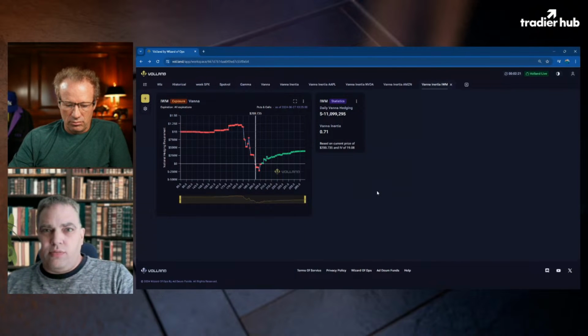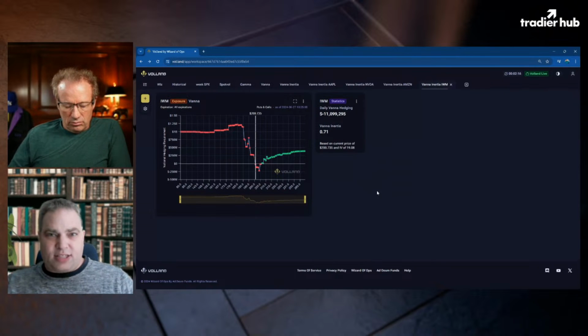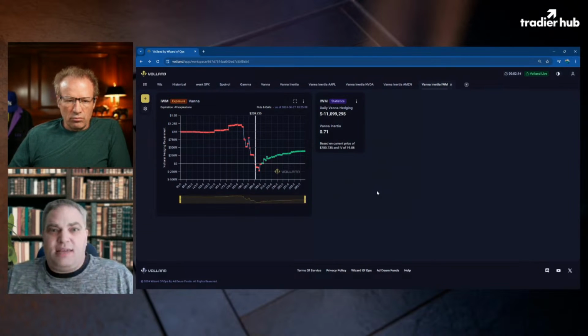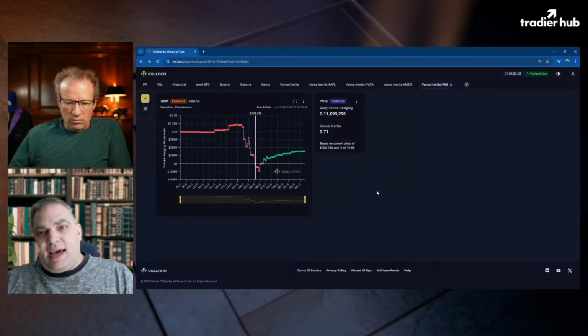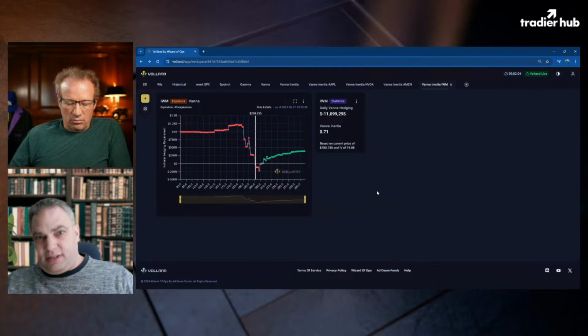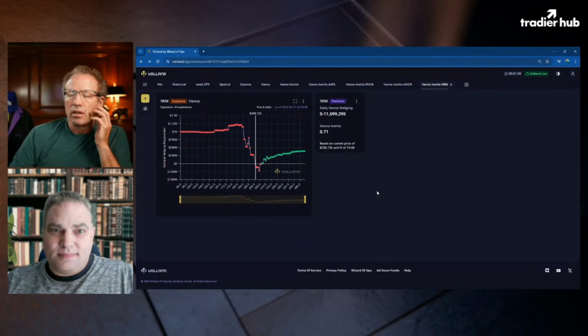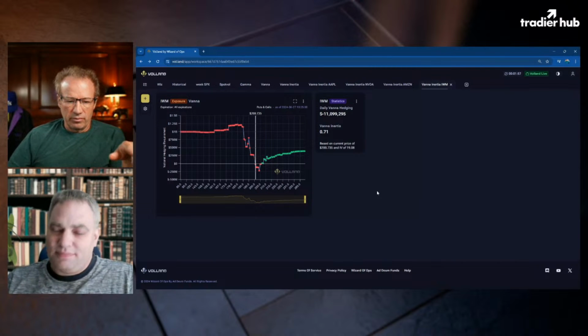We have a Discord room where you can come in and ask questions. We have moderators and me answering questions all the time. So there's a whole community that has realized a lot of the alpha and the edge that Volin produces. So that's great.